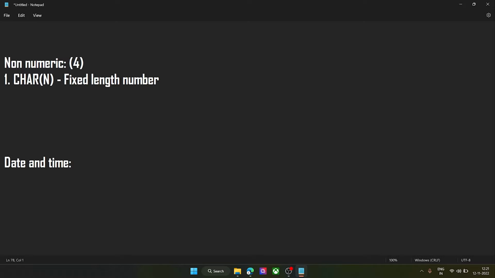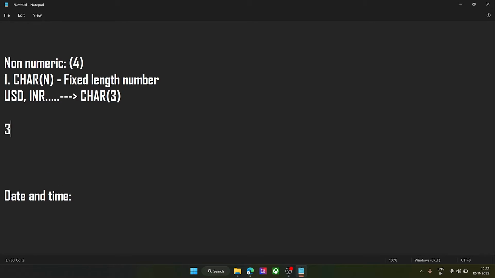You know how currency gets denoted? USD, INR, like this. It all has a fixed length of 3. It's not minimum or maximum. Then how do we denote this? We denote this as char of 3, like this.